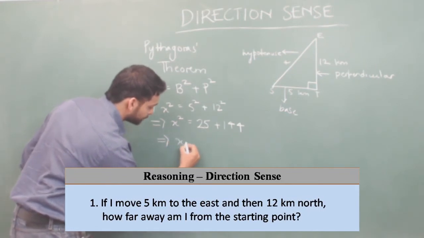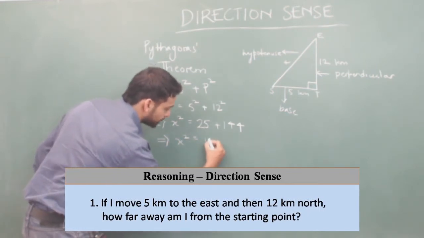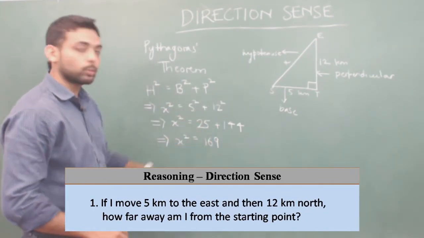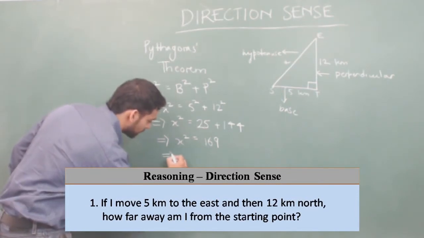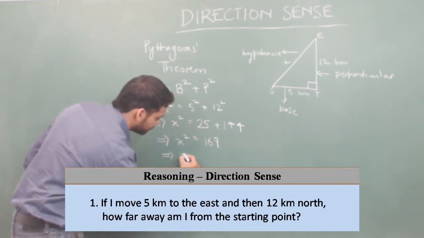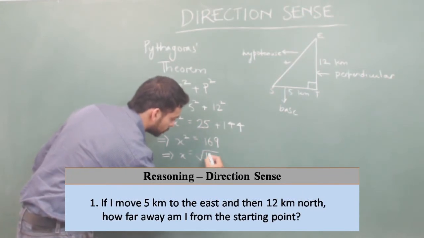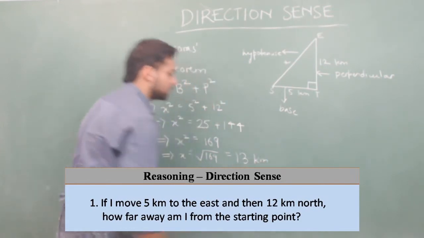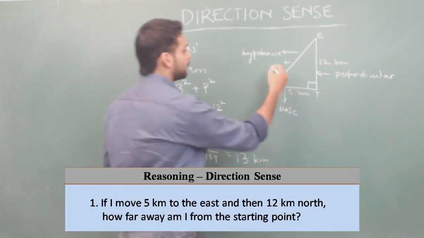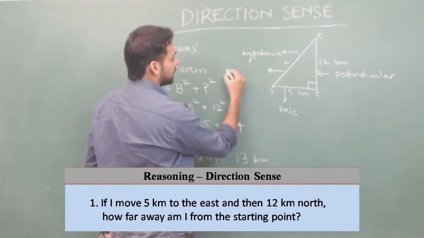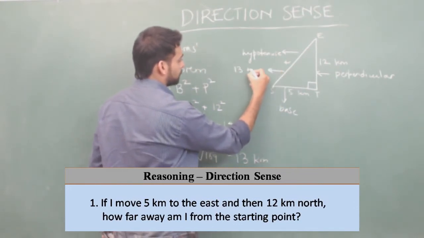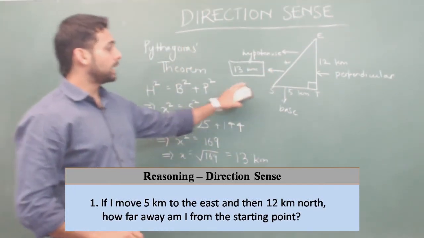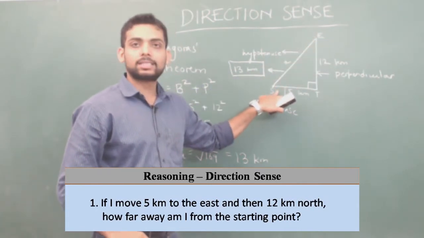This implies that x square equals 169. So to find out x, I will take the square root of 169. Okay, implies that I'll root both sides. X is equal to square root of 169, which is equal to 13 kilometers. So I get my value of x as 13 kilometers. Okay, so I am 13 kilometers away from my starting point.